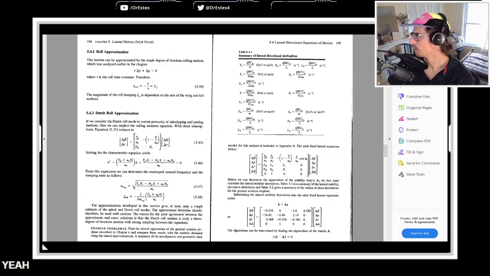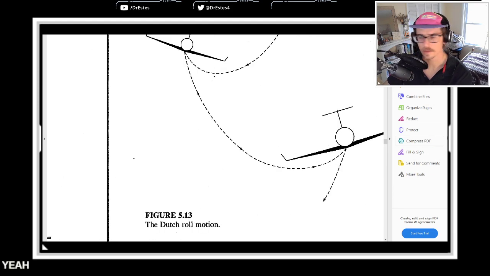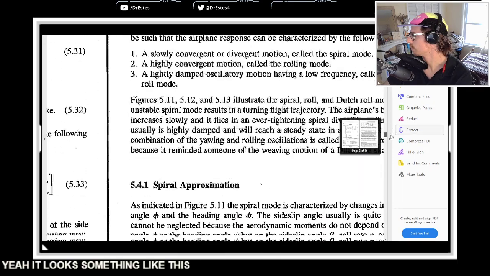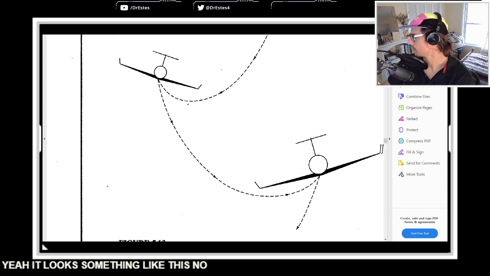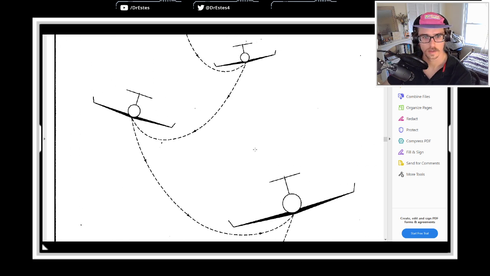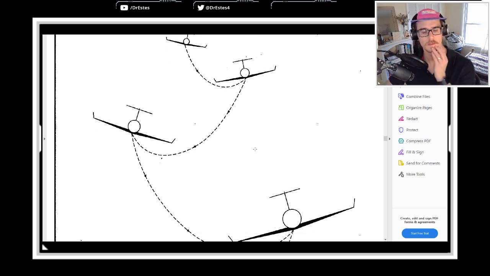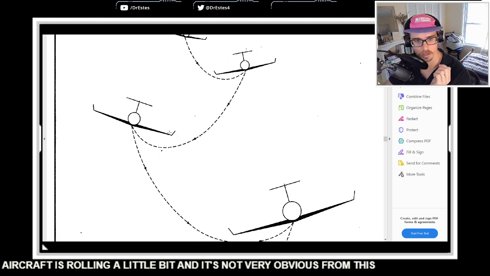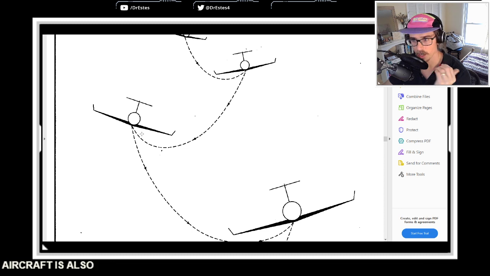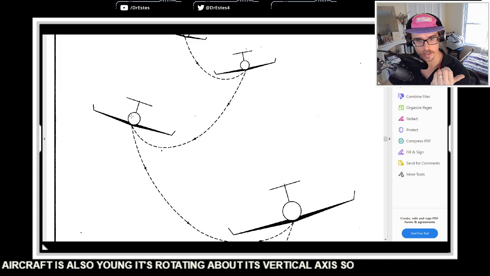It looks something like this. Side-to-side velocity, that's where that side-to-side motion is coming from. You see the aircraft is rolling a little bit, and it's not very obvious from this picture, but the aircraft is also yawing. It's rotating about its vertical axis, so its nose swings a little bit left and right.